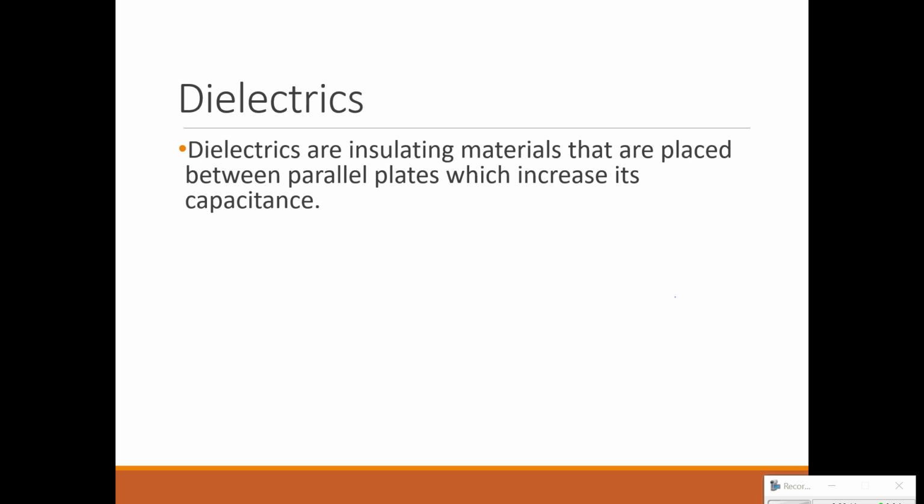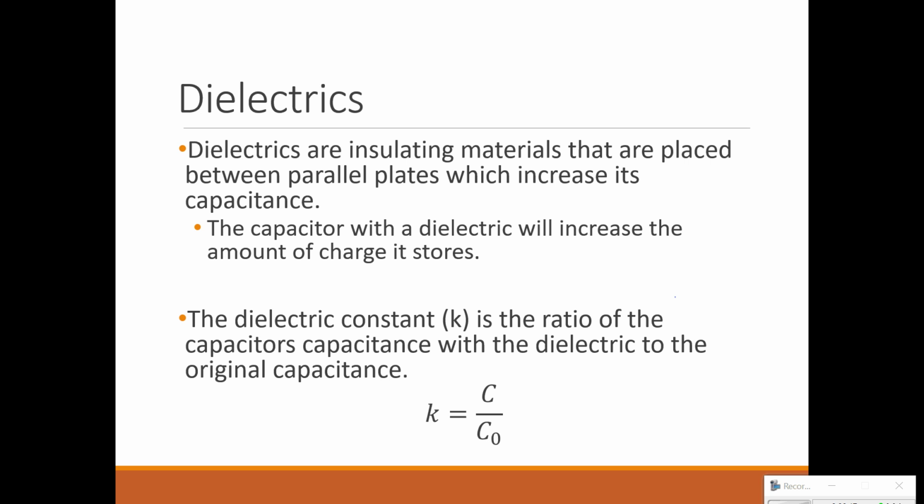When we're looking at dielectrics, there's a constant, and this is the lowercase k. That's the ratio of the capacitance with and without the dielectric. So if you're looking for the dielectric constant, you take the new capacitance divided by the old capacitance, and it's really just a ratio. It allows us to identify how much better the capacitor is due to the dielectric.